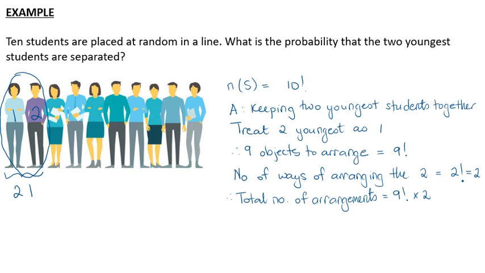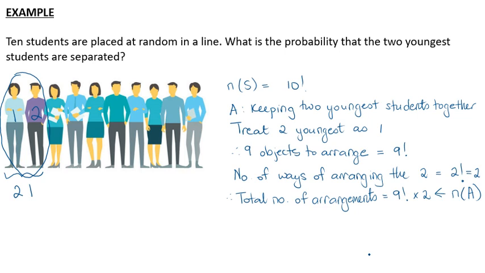We arrange those 9 objects, and then within those arrangements, we're arranging these two. So it's a multiplication situation. So 9 factorial times the 2. And that represents your NA, the number of ways of keeping those two students together.